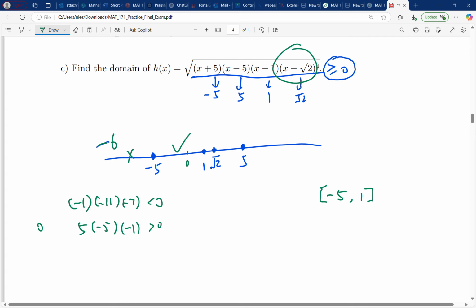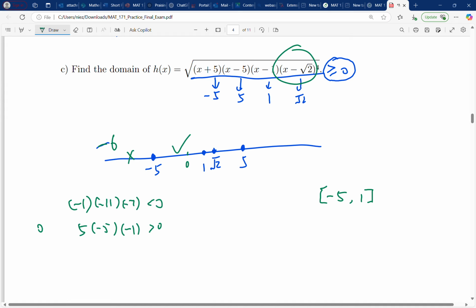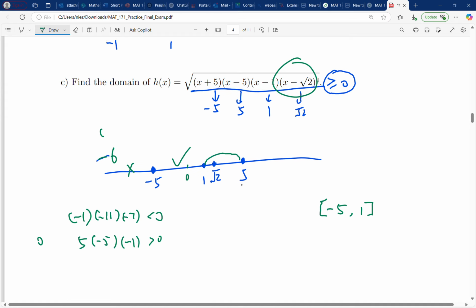Then some of you look at this as another interval. We can write the intervals first: negative infinity to negative 5, then negative 5 to 1, then 1 to square root 2, square root 2 to 5, and 5 to infinity.